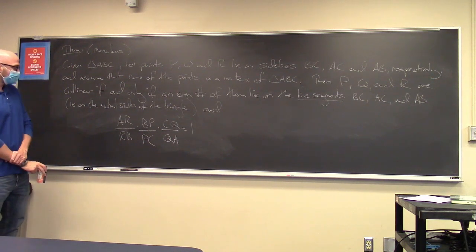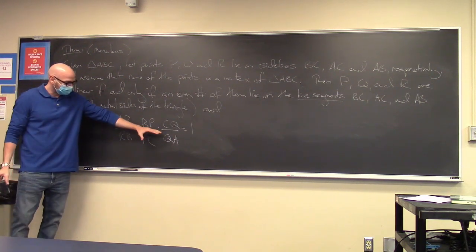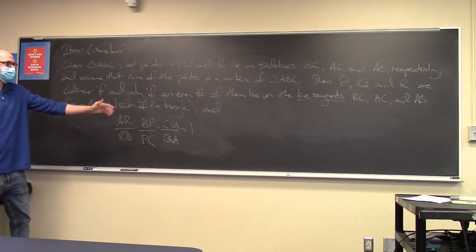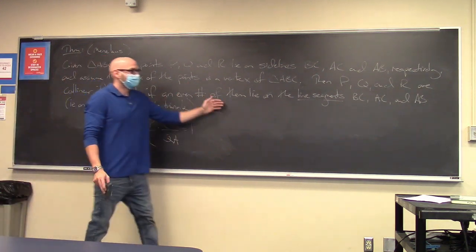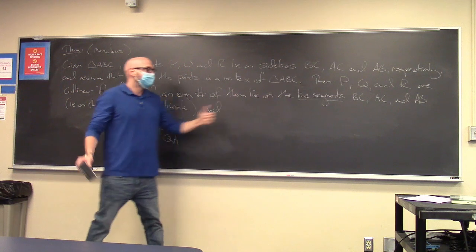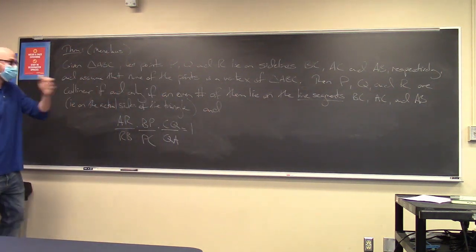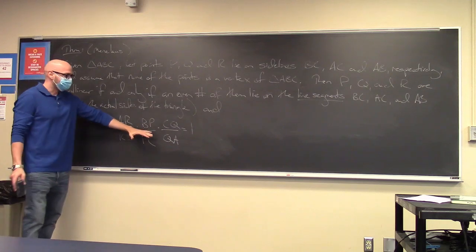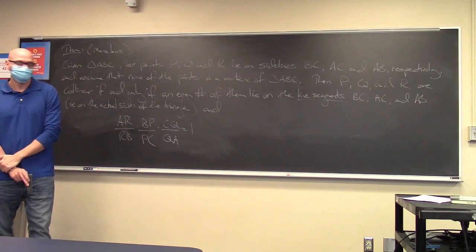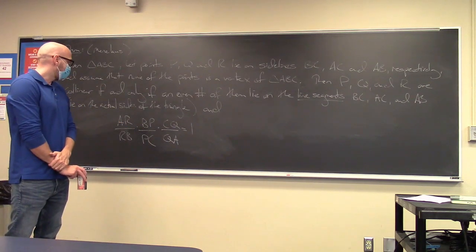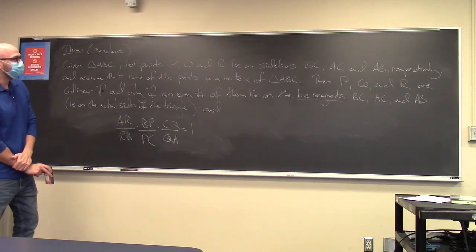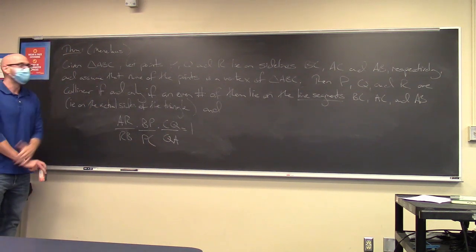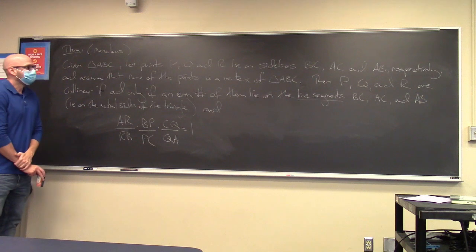Really nice result. Once again, we have this equation, and as long as this equation is satisfied, and we satisfy this quick counting argument, then we can verify collinearity of these three points. Really nice that it's the same expression. And despite that, the discovery of these theorems was separated by at least 1,000 years.